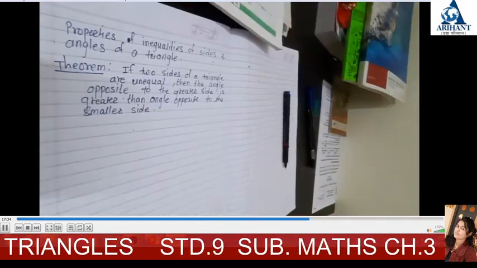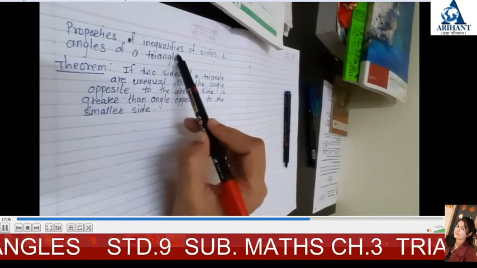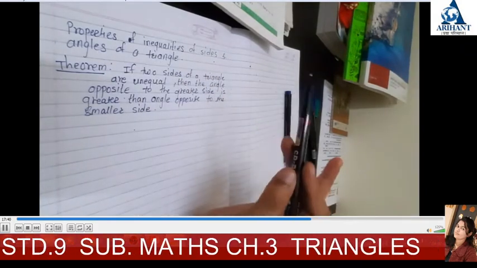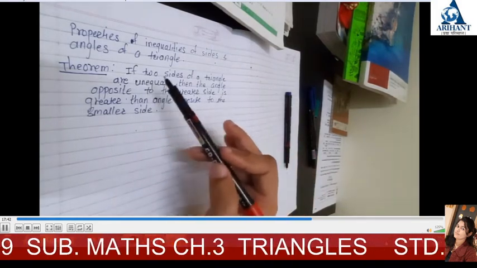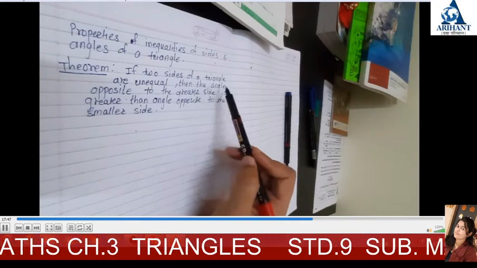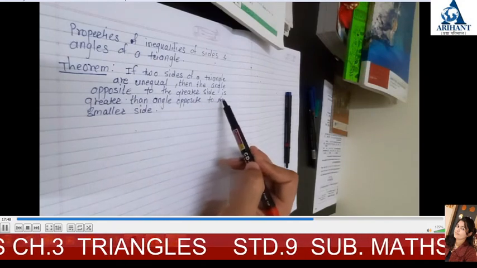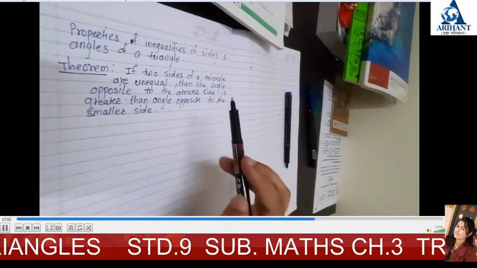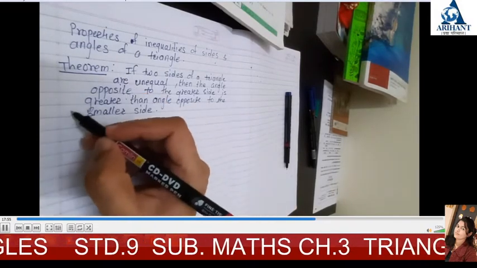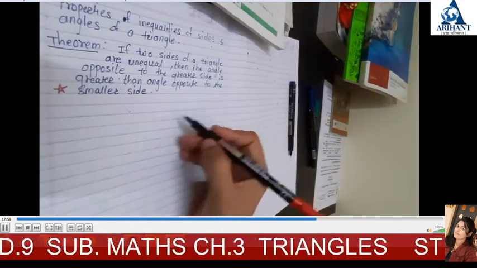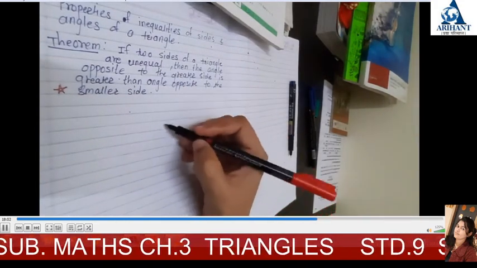So the next is properties of inequalities of sides and angles of a triangle. Here the theorem is, if two sides of a triangle are unequal, then the angle opposite to the greater side is greater than the angle opposite to the smaller side. This is the theorem we have to prove. First, let's draw the diagram.